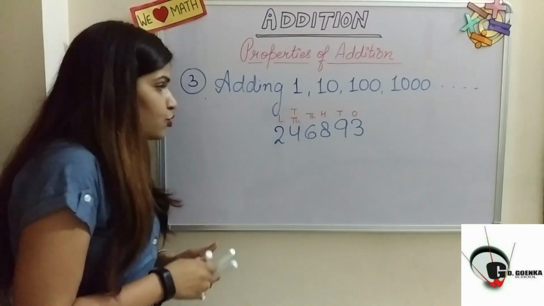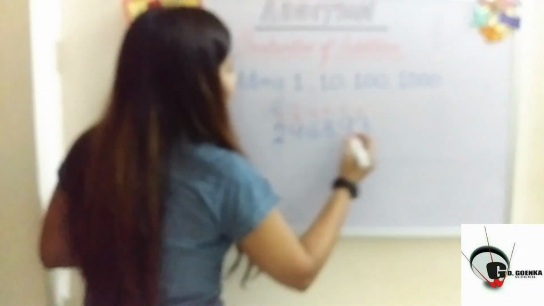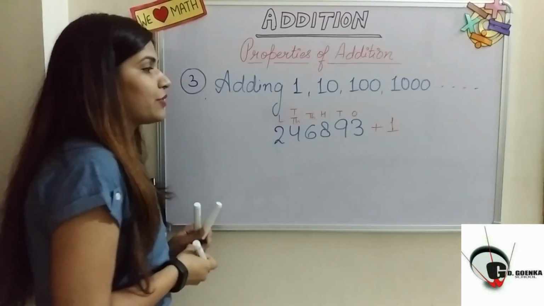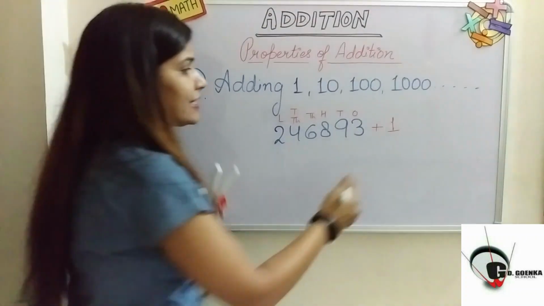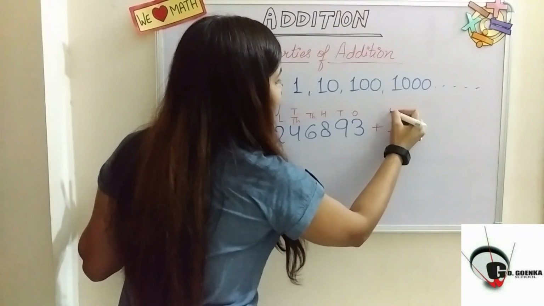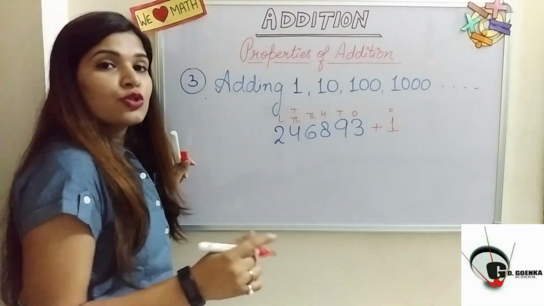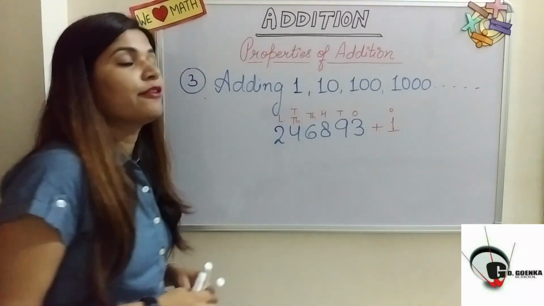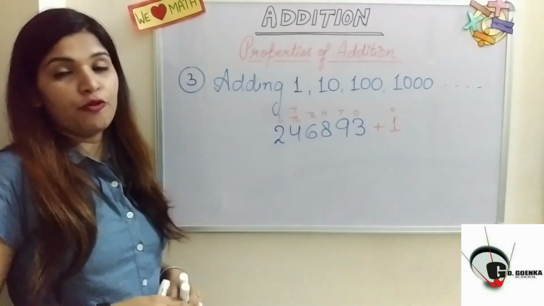Okay, so first one is, if I add 1 to this number. So children, 1 is a single digit number, which means it is at the ones place. So when we add 1 to any number, we get the successor of that number.